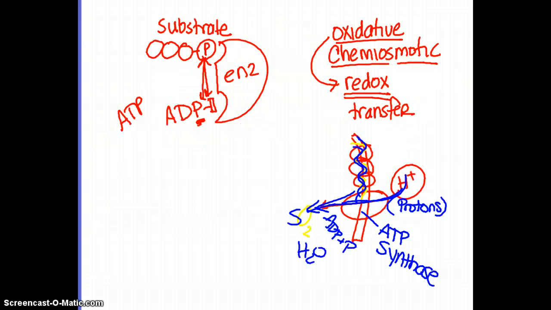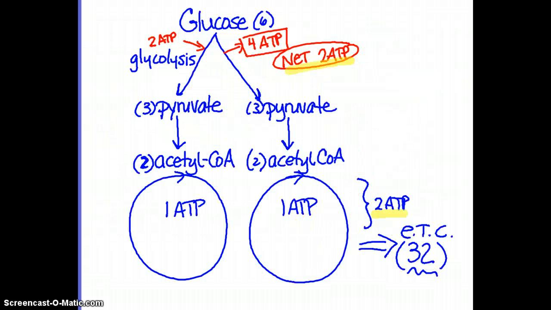So now let's go back to our breakdown here and look at where the CO2 come from. So here's our 3 carbon pyruvate, and it broke into an acetyl-CoA, and it lost right here a CO2. And the same thing's going to happen to this pyruvate. It's going to also lose a CO2. And now the acetyl group only has 2 carbons.